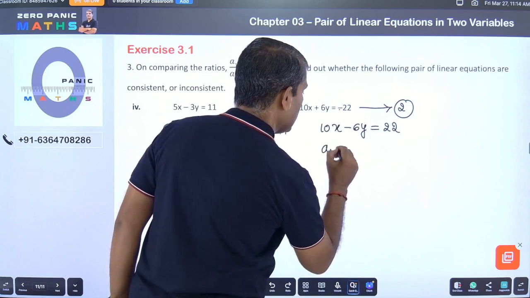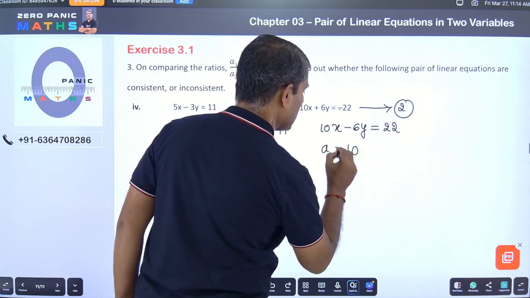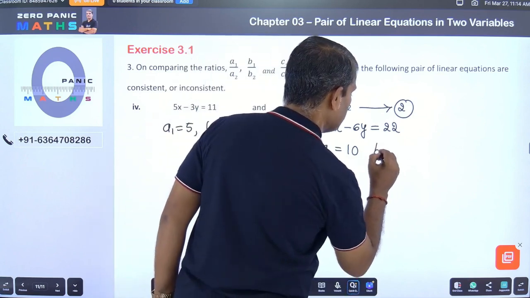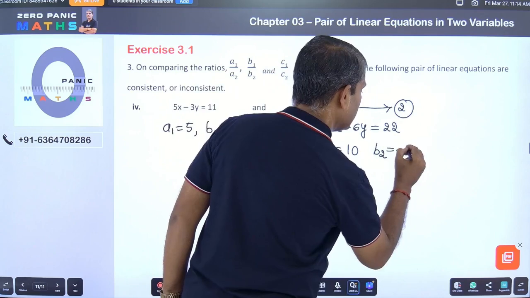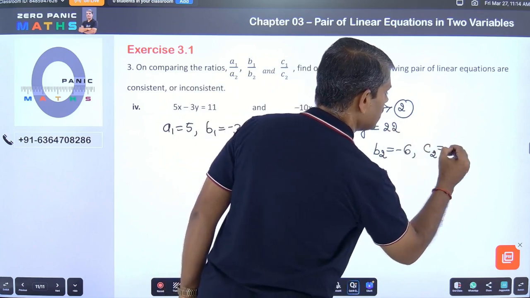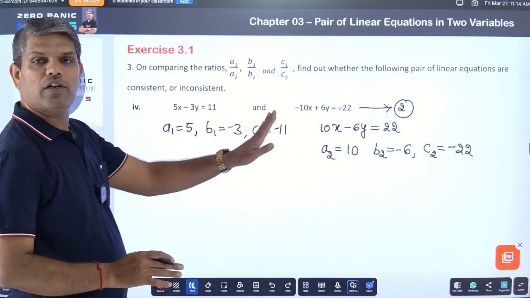So a2 is equal to 10, b2 is equal to minus 6 and c2 is equal to minus 22. Hope you understood this.